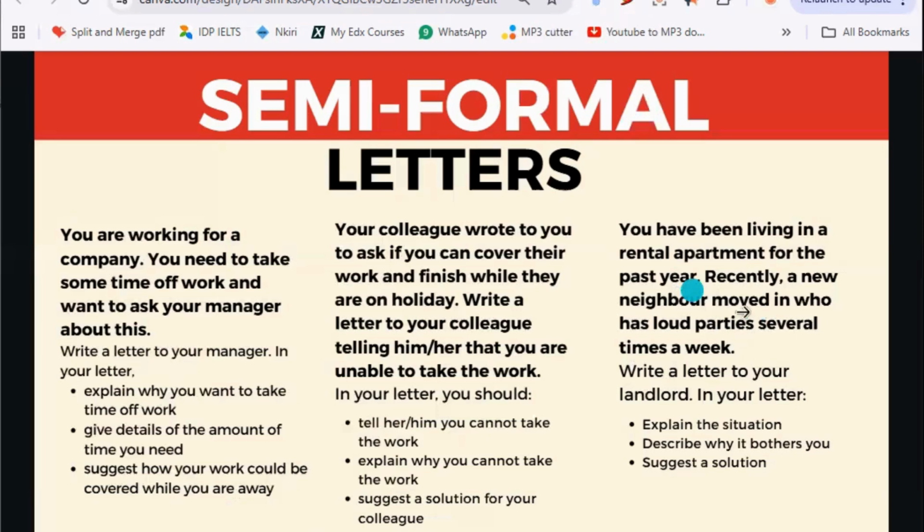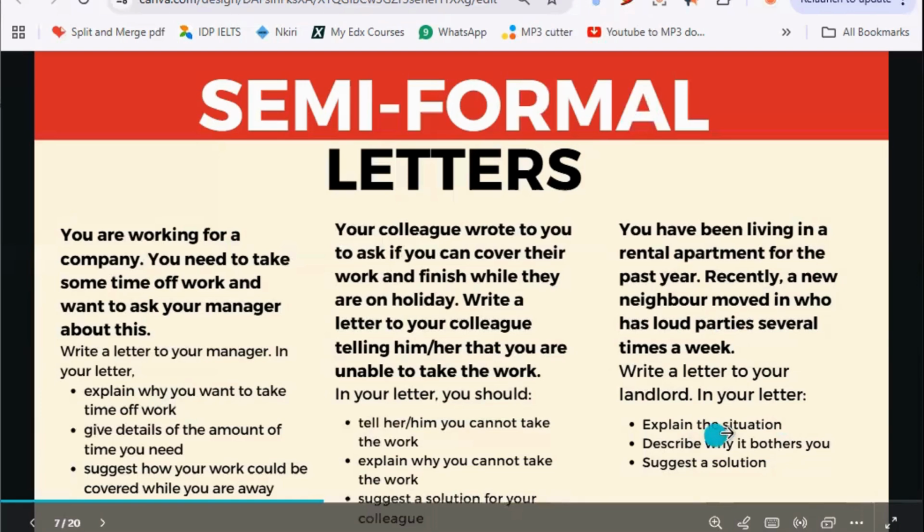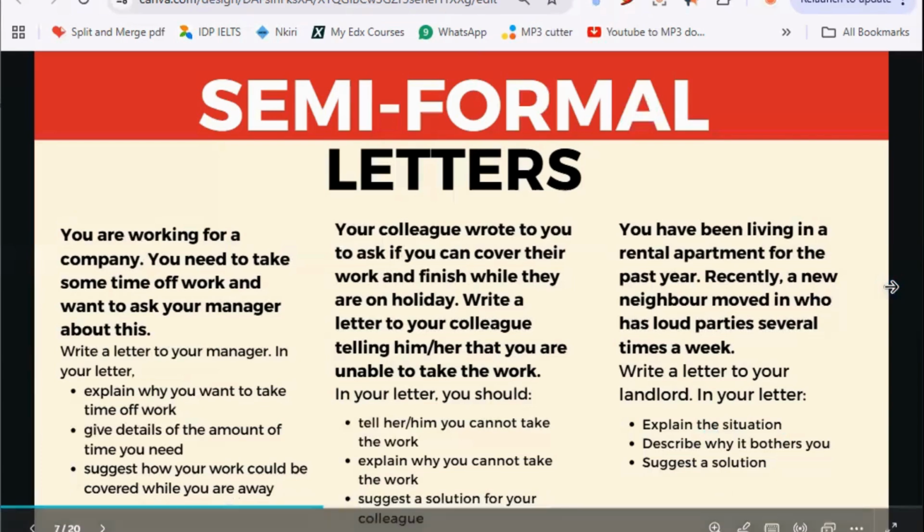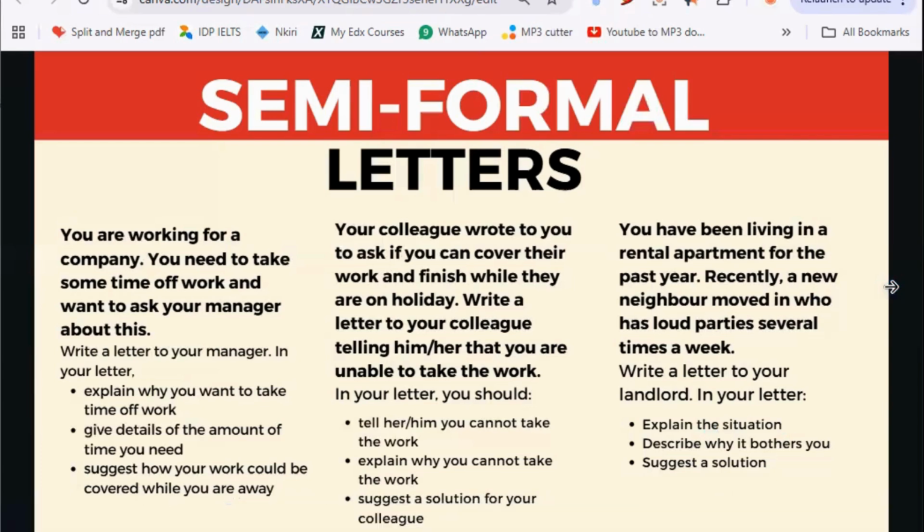Write a letter to your landlord. A letter to your landlord is a semi-formal letter. Number 1, explain the situation and describe why it bothers you. Number 2, suggest a solution. So, semi-formal letter. I hope you guys are getting the point.